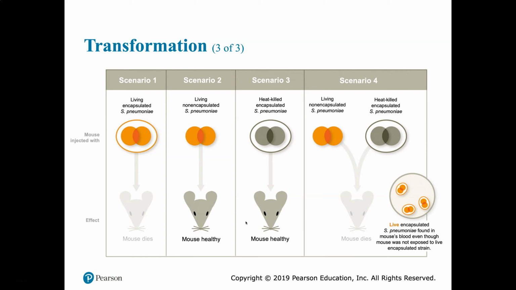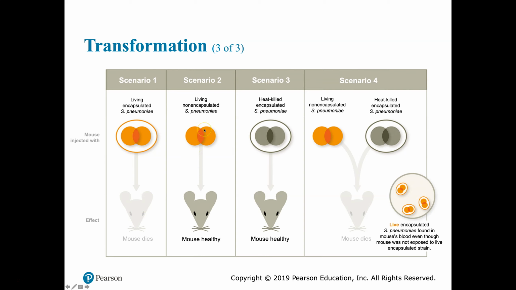So scenario 1, you have Strep pneumoniae, which is an encapsulated pathogen. Okay, it's alive. Okay, it's surrounded by a capsule. And when it enters the mouse, it killed the mouse.